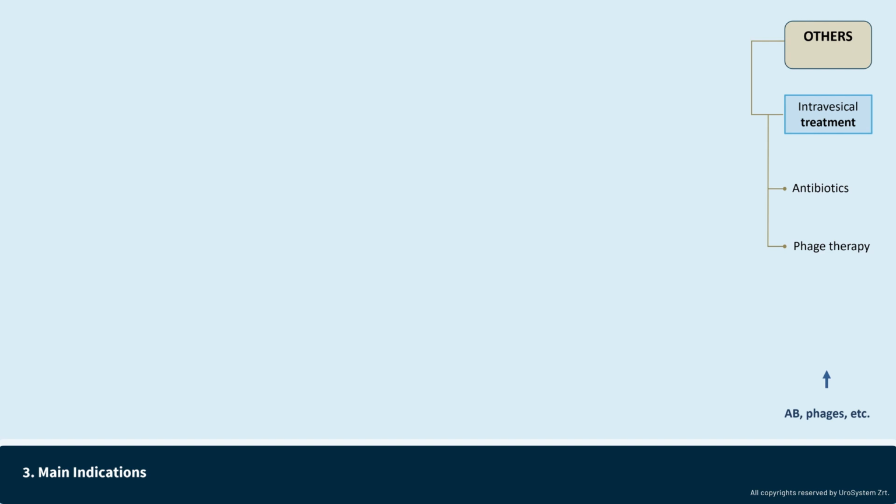For instance, some clinicians administer intravesical antibiotics to treat or to prevent urinary tract infections. Another example is the use of bacteriophages. Bacteriophages are viruses that destroy bacteria, and phage therapy, which uses bacteriophages to treat human bacterial infections, has a very old tradition in some regions, and intravesical treatment with phages can be a part of that tradition.